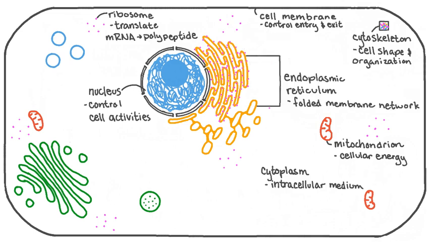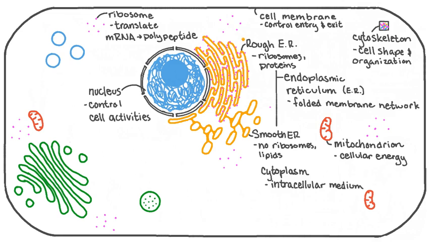The endoplasmic reticulum is a continuous system of folded membranes that forms a network of interconnected spaces within the cell. We further categorize the endoplasmic reticulum into rough and smooth. The rough endoplasmic reticulum is studded with ribosomes.